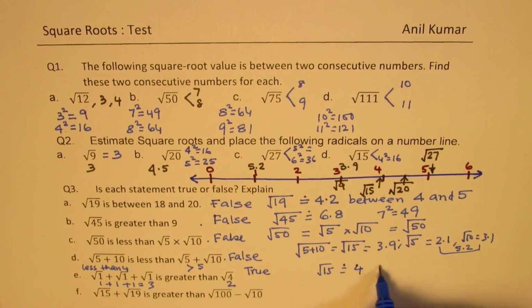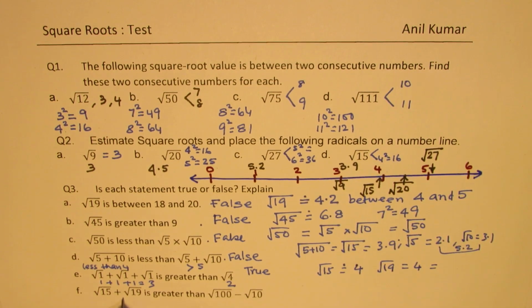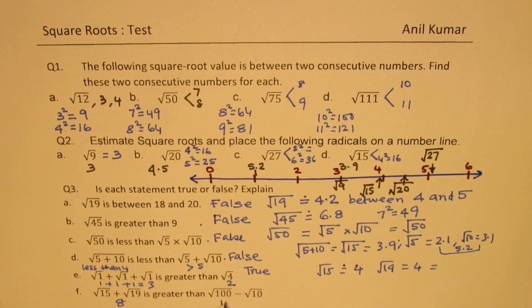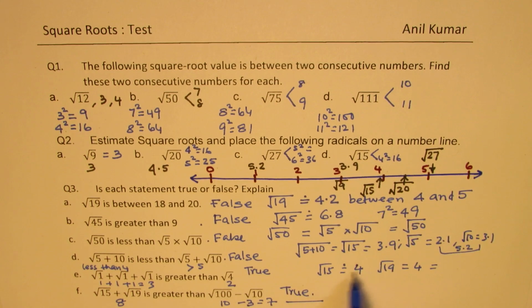And square root of 19 is approximately 4, right? If you add them, this is approximately 8. On the other hand, this is 10, and this is approximately 3, which is 7. So this is greater than this. It is true. Correct? So we are estimating.